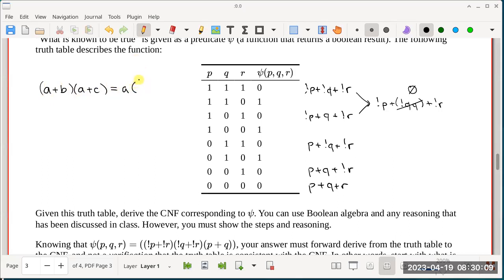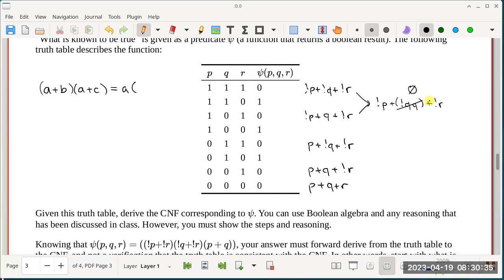A and... that's actually resolution too. If you look at this, that is actual resolution at work. So you can say this is done by resolution, but I'm going to try to do this using factoring.